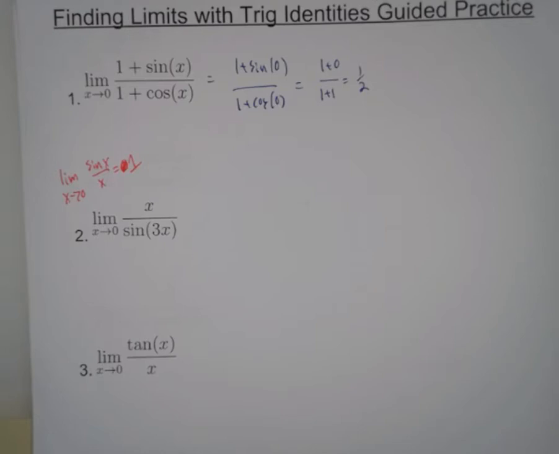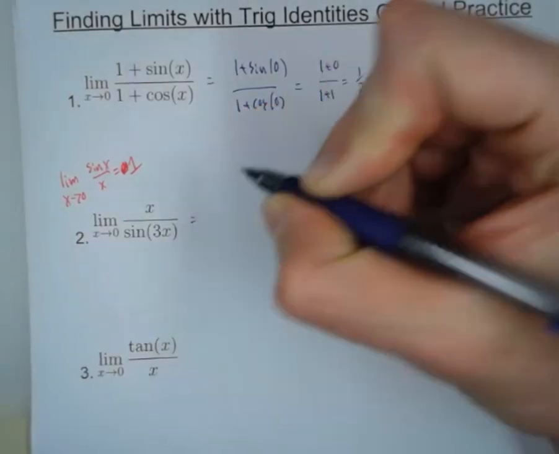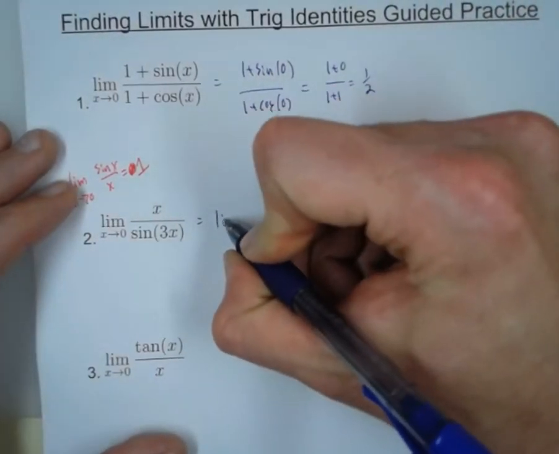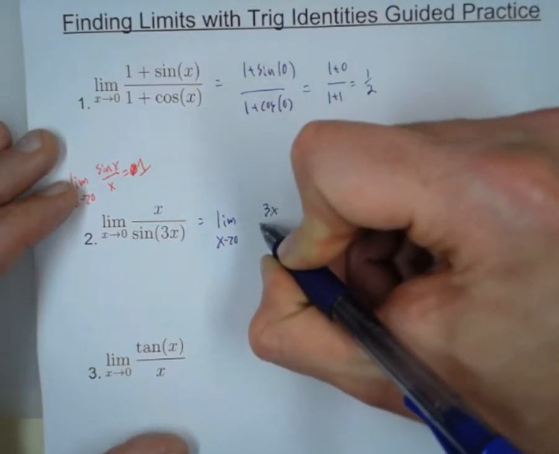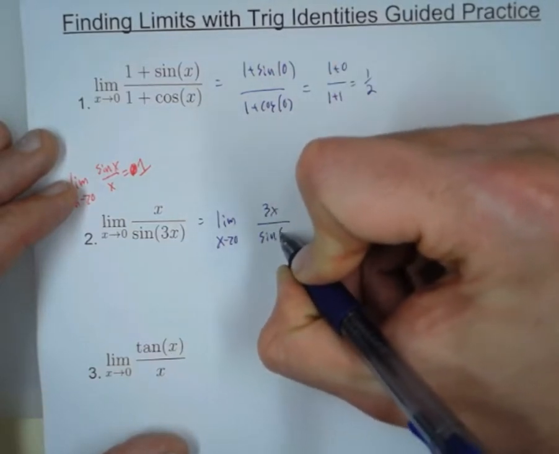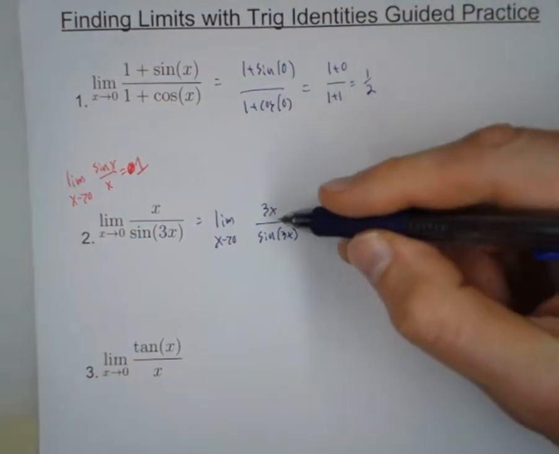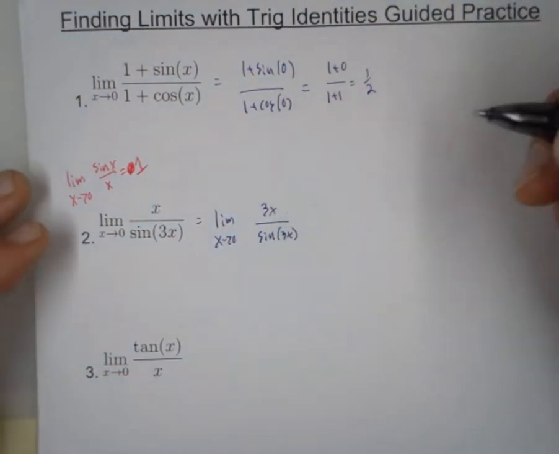Now, x can be anything. So if you notice here, we have a 3x inside. So this limit is only going to work if I change this and say, well, in order for this to work, it should be 3x over sine of 3x. Well, I introduced a 3, so I need to balance that out.